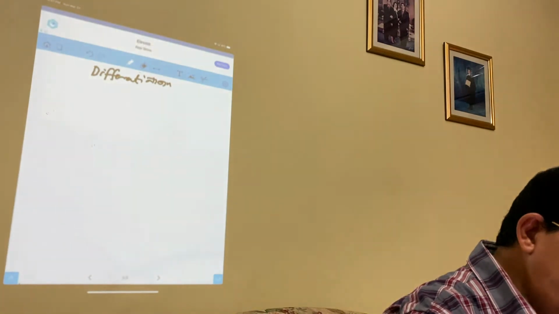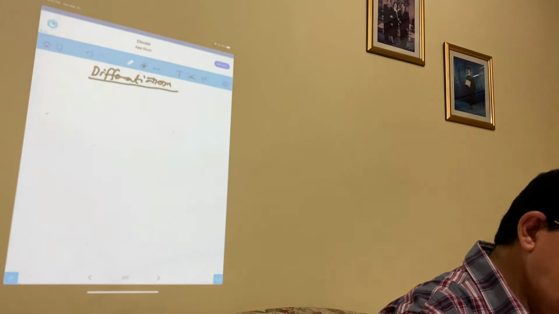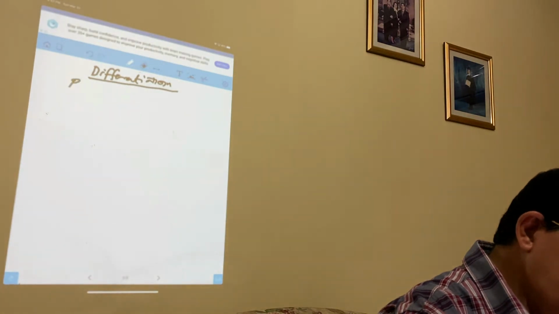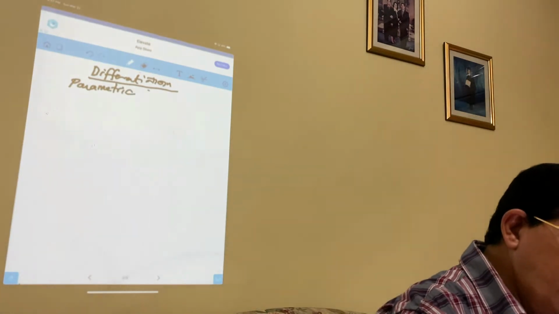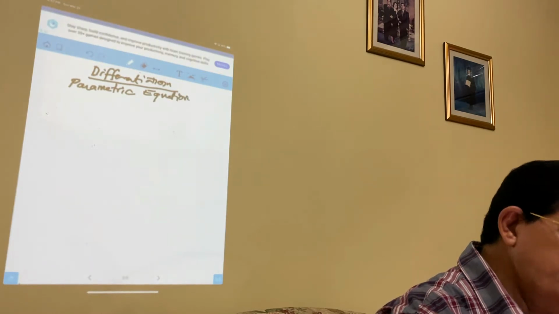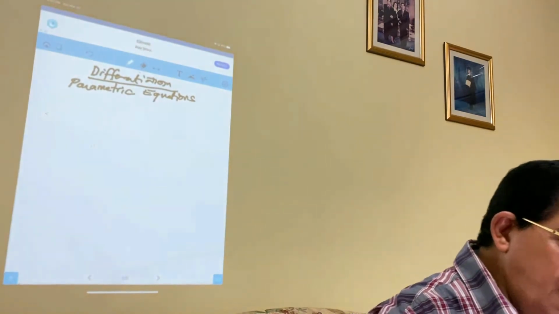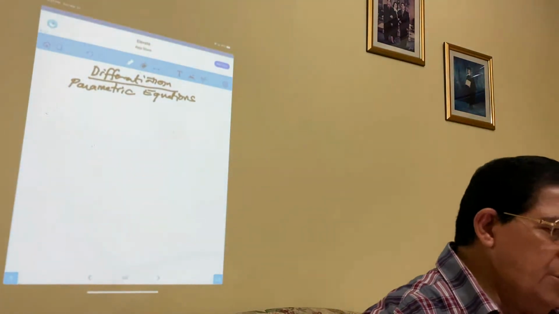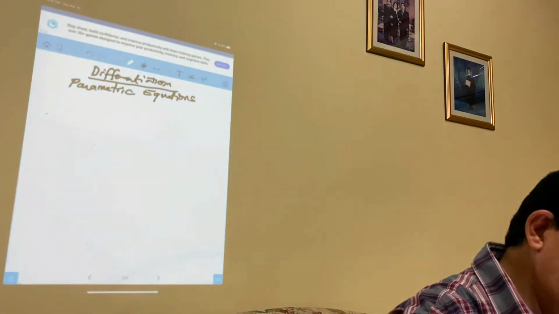We are going to have, the first type is parametric equations. We know that a parametric equation is when we are given x and y in terms of a parameter.